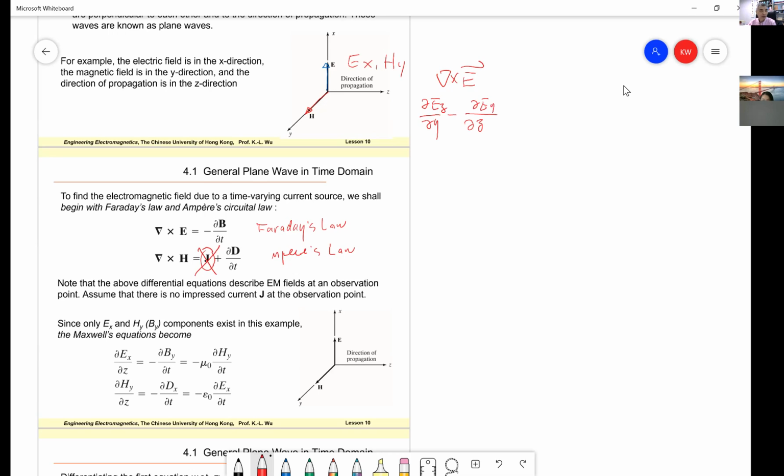sure, I can remember it, but you don't need to. But it would be nice if you can remember it, right? Okay, this is the X component.